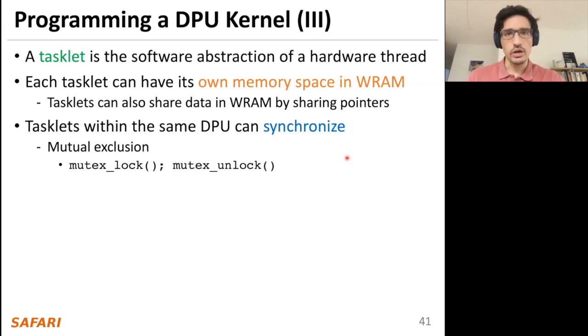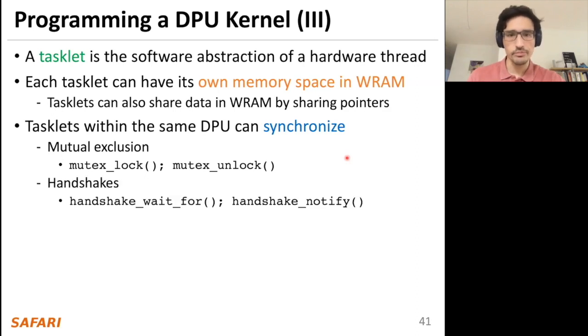You must be familiar with mutexes if you are familiar with parallel programming or pthreads programming, for example. Another possibility is to use handshakes. In principle this is a little bit more lightweight, because it only involves a couple of tasklets. One of them waits for the other one to notify that something has happened.